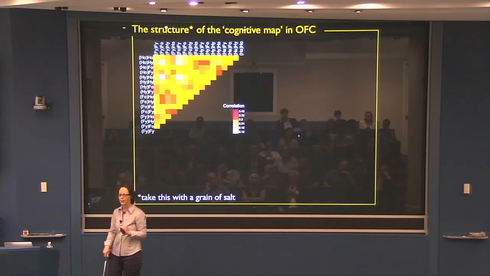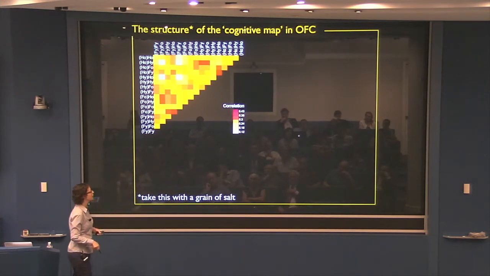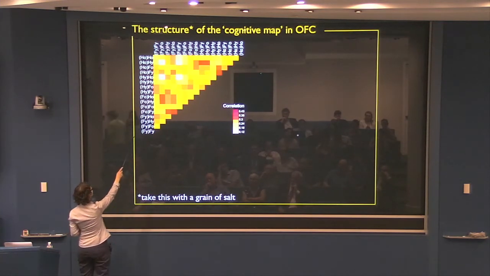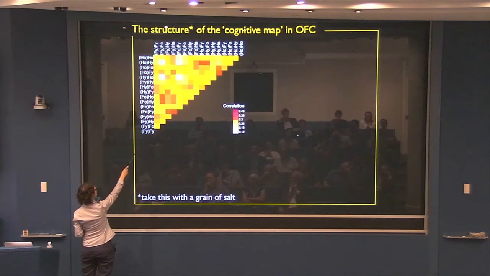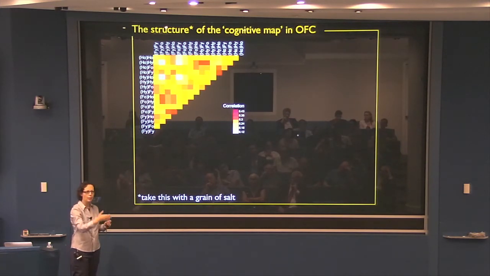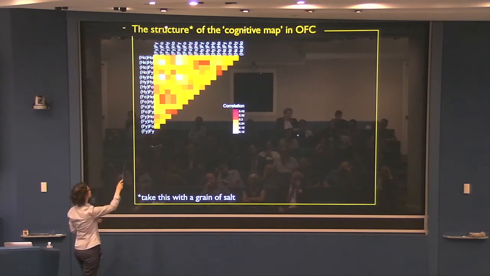In frontal areas, nobody sees decoding that's much better than that. But in any case, what we can do now is look at the average activity. So every time you're, let's say, in the state where the previous one was face, it was young, and the current one is house, and it's old, every time you're in that state, what is your activity in the orbitofrontal cortex? And we can average that activity to get the state of the orbitofrontal cortex when you're in that state.